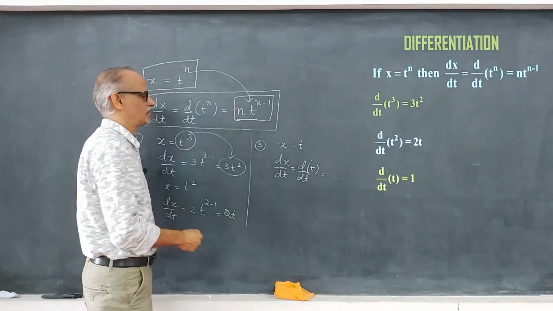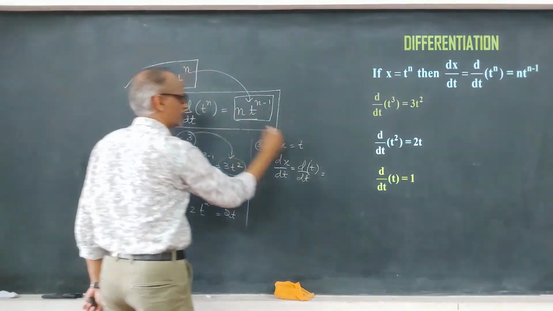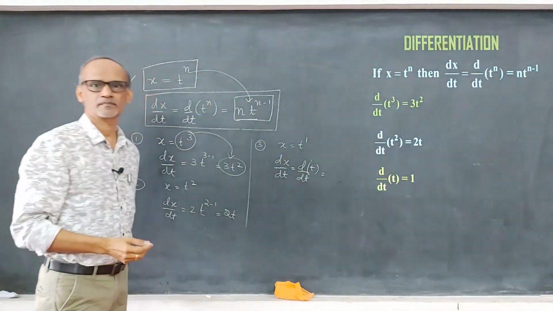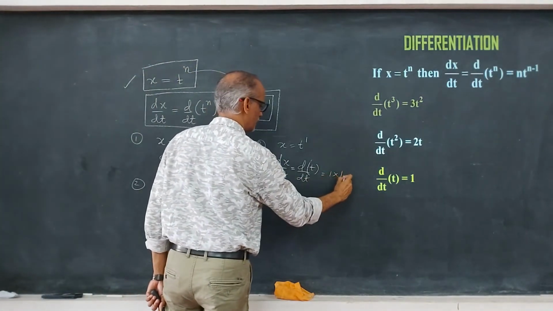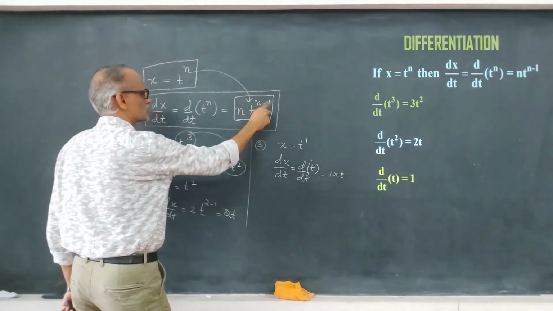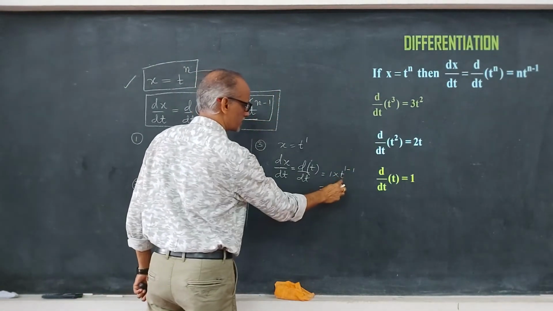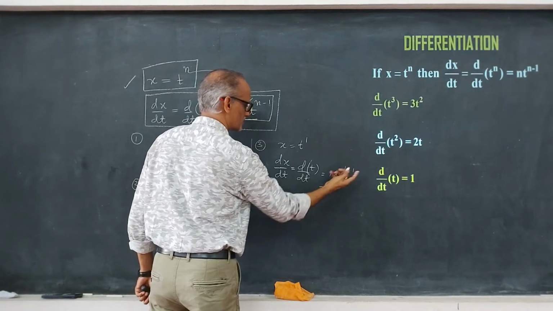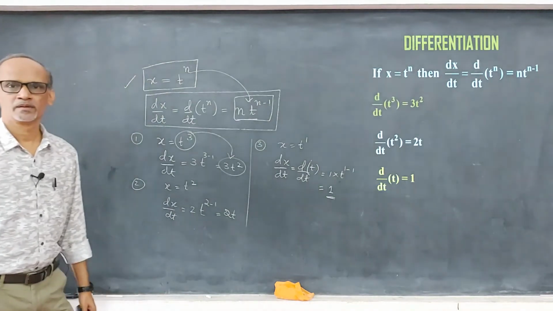Let's still use the formula, okay? x is equal to t to the power n. Now what is n? n is 1 here, right? So 1 into t to the power 1 minus 1. What is t to the power 1 minus 1? T to the power 0, which is 1. So the answer is 1. Clear?